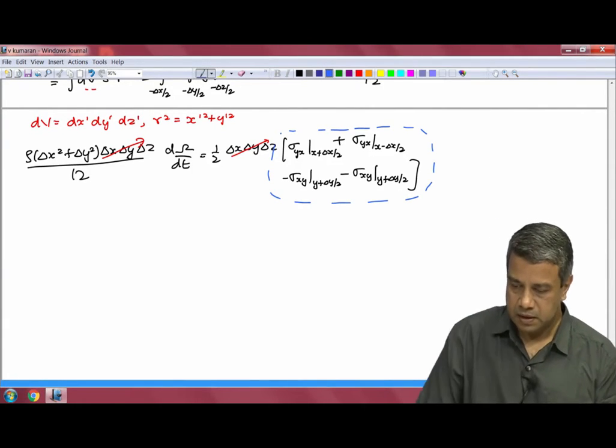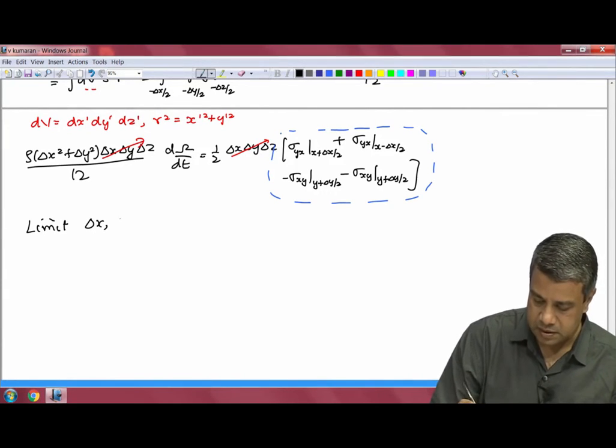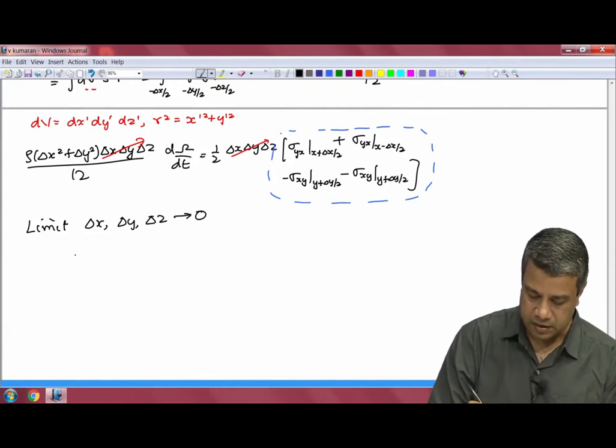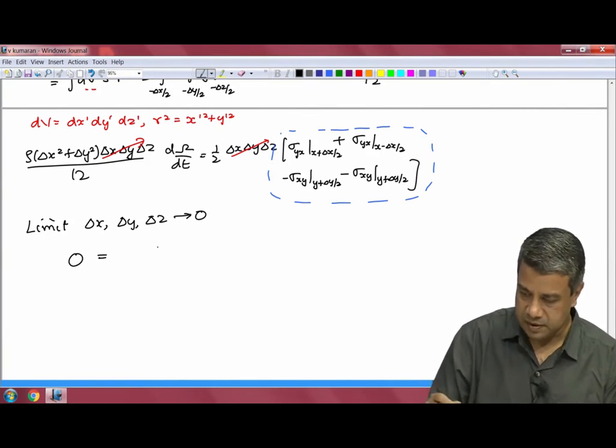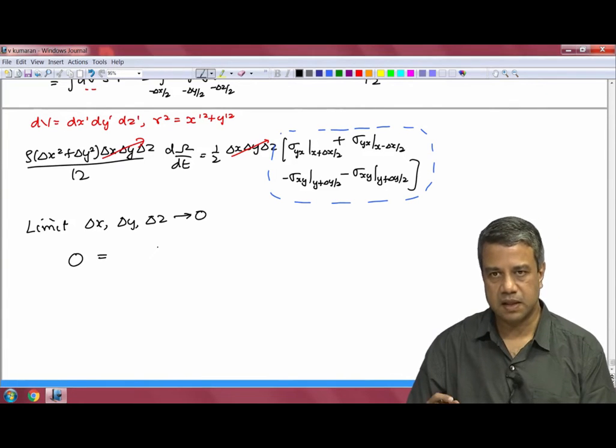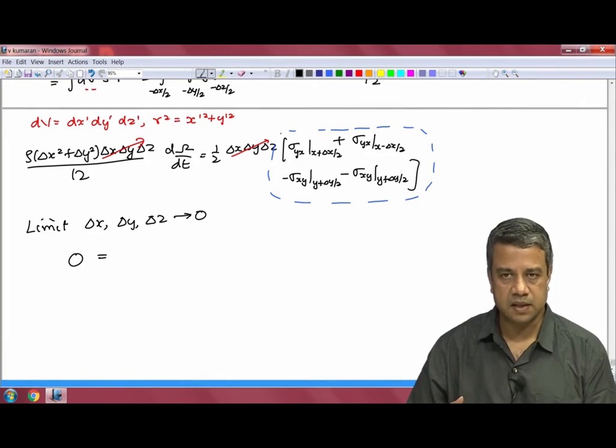So, if I take the limit delta x, delta y, delta z going to 0, the left hand side is just equal to 0. On the right hand side, I have sigma y x at x plus delta x by 2 plus sigma y x at x minus delta x by 2 in the limit as delta x goes to 0.